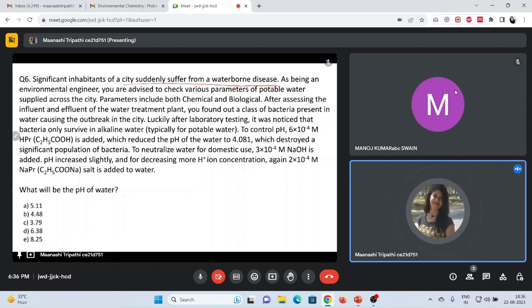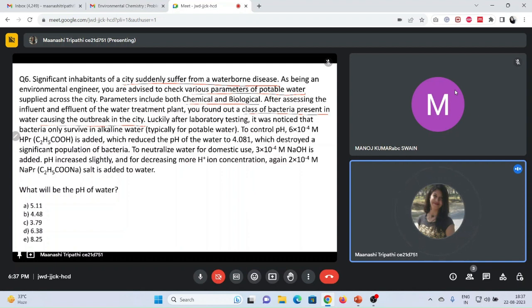So as an environmental engineer, you are advised to check various parameters of potable water supplied across the city. What are the parameters we are checking? Chemical and biological. After assessing the quality, we found out that there are bad bacteria present in water causing the outbreak in the city.